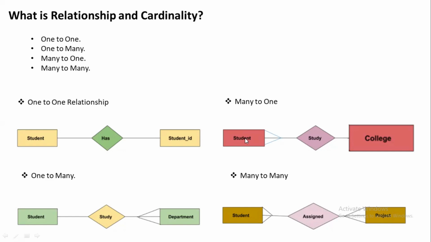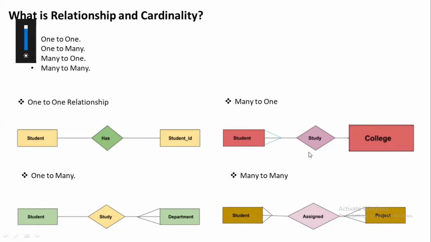For example, many students can study in a single college, but each college can have many students. These are the two entities, and this is the relationship.